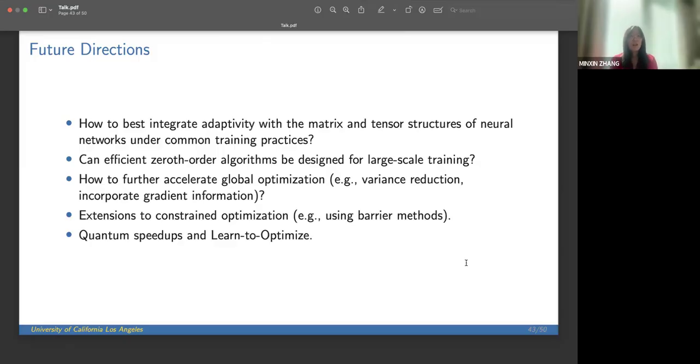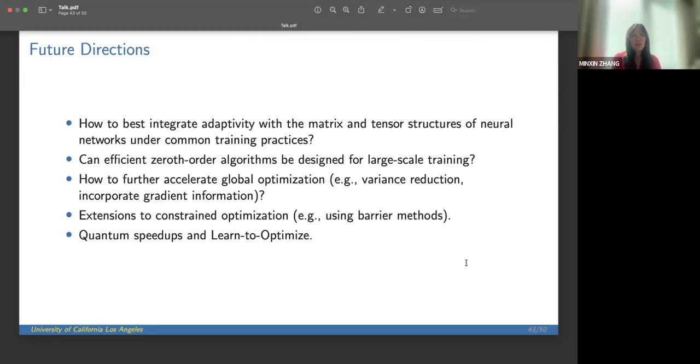And the third one is how to further accelerate global optimization using our IPP framework. For example, we can consider more advanced variance reduction methods, or we can incorporate gradient information. The fourth one is that currently the results are on the unconstrained case. We can extend it to deal with constrained optimization problems.